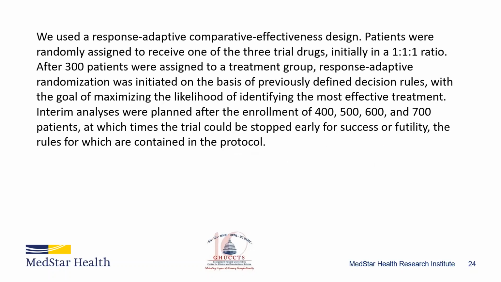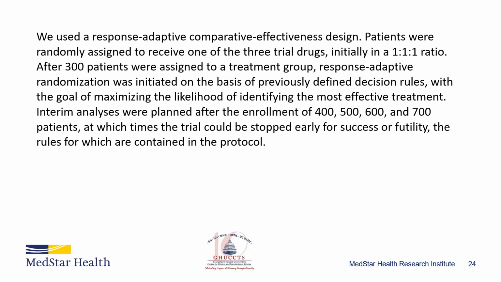Okay, so they used what's called a response adaptive comparative effectiveness design. Initially, patients were randomly assigned to receive one of the 3 trial drugs, randomized in a 1-to-1-to-1 ratio. In other words, they've got equal numbers in each group.